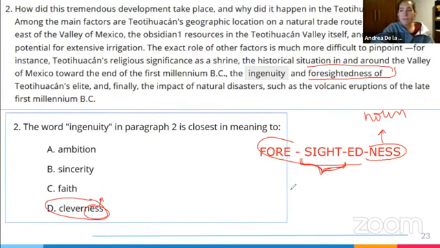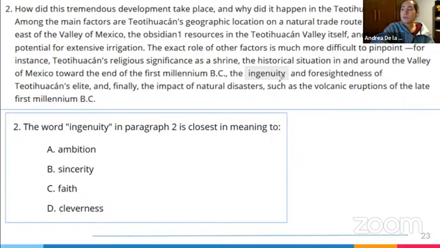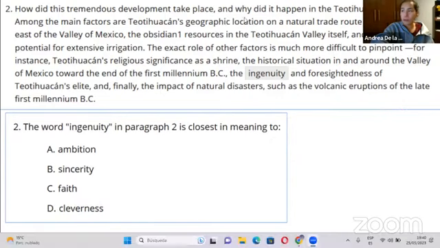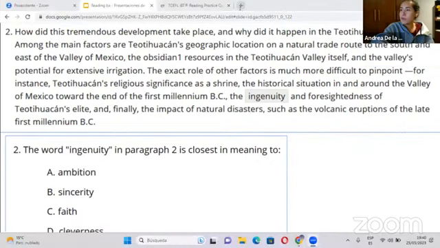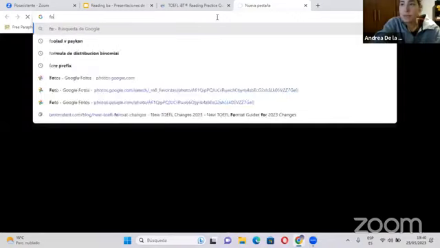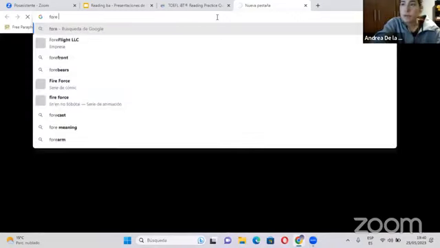It is view, but not related to point of view, because it comes from see, ver, right? So sight is vista, one of the senses. Uno de los sentidos. And for is a prefix. For es un prefijo that means before. Okay, maybe you don't know that, but that was actually what I was telling you to study, right? The prefix for.